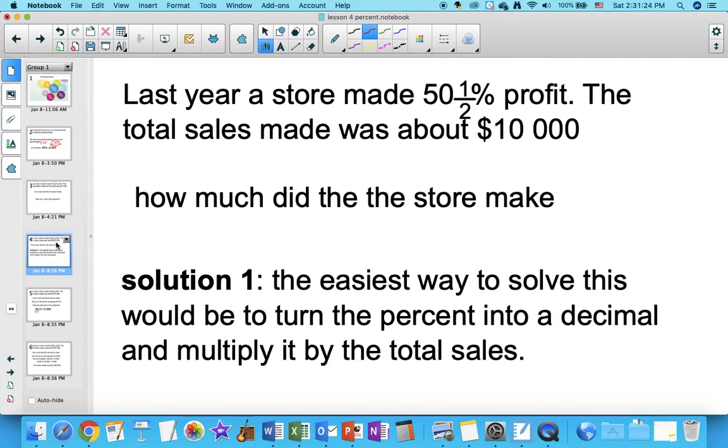The easiest way to solve this would be to turn this percent into a decimal and then multiply it by the total sales. Because we know the store sold $10,000 worth of whatever it's selling. Candy, chocolate, TVs, doesn't matter. And so if we turn this into a decimal, we can multiply it by the total sales.